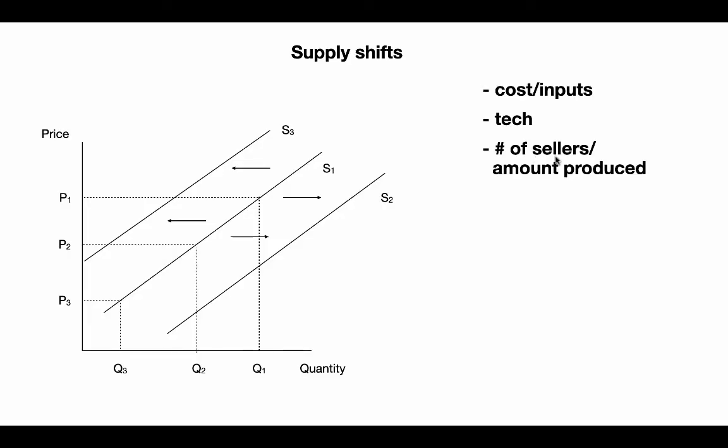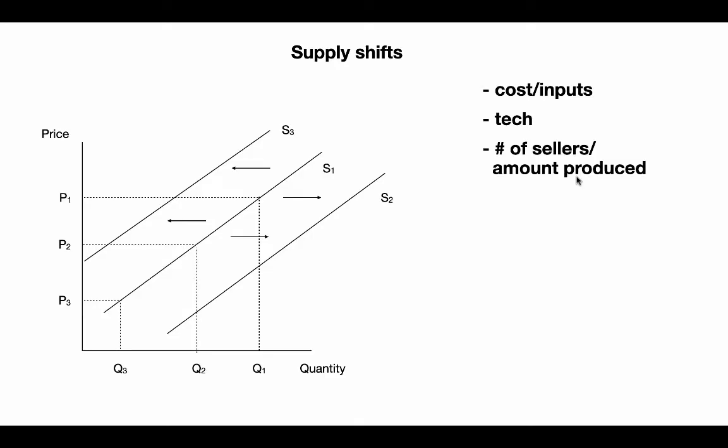And this kind of carries over from demand, the number of sellers. Now, if we're creating a market supply curve, just like we had a market demand curve, and we just add more sellers, well, at the same price, you have more people selling, so the quantity supplied at each price is going to be higher. And I kind of included this in this category because other things could be affecting the amount produced.